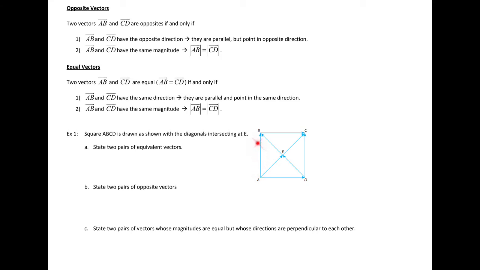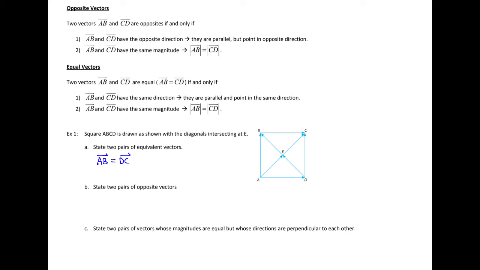There is a square ABCD, and with the diagonals intersecting at point E. Part A, we want to find 2 pairs of equivalent vectors, means we want to find equal vectors. So let's look at the diagram. If I want to find an equal vector to vector AB, that means they have the same direction, same magnitude, which is vector DC, because if you put the point D to point A, then C will overlap with point B. That means they have the same direction and same magnitude.